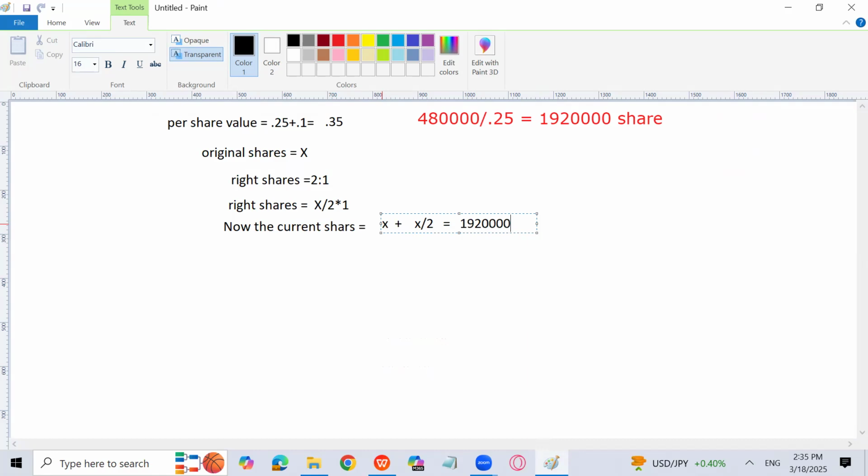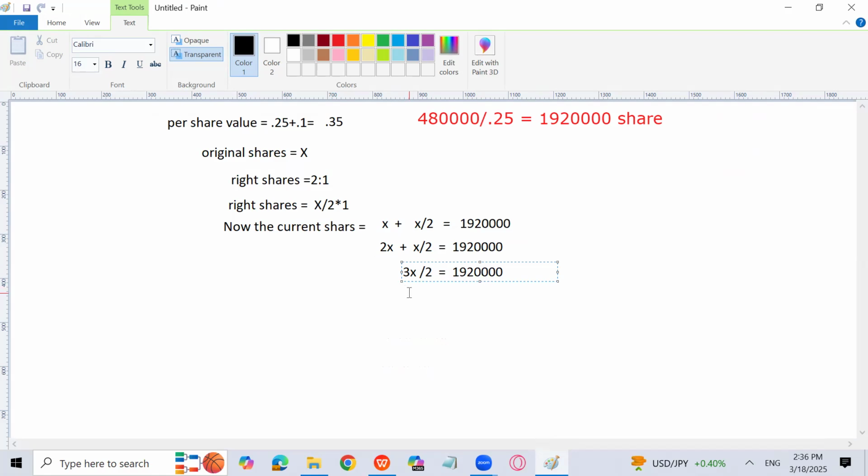Because these shares are given in the question: original shares plus right shares, the shares are given as 1920000. But that is the number of shares, not the amount of shares. So you will take the LCM, that is 2. So this will become 2x plus x over 2 is equal to 1920000. So this will become 3x over 2 is equal to 1920000.